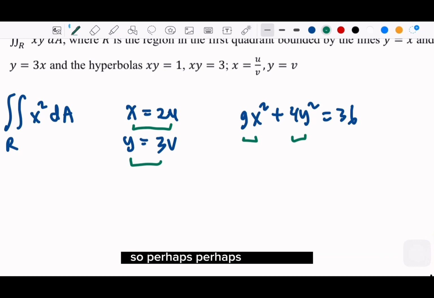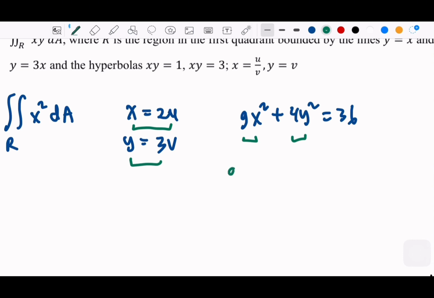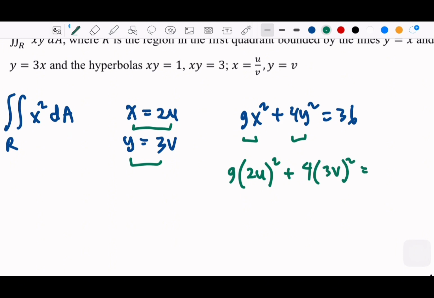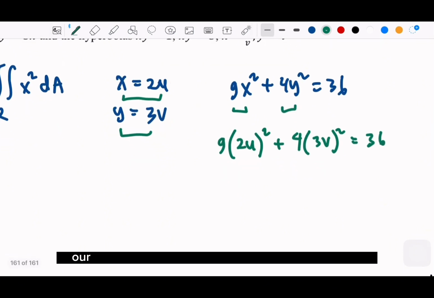So perhaps if we try to just take this into our equations.